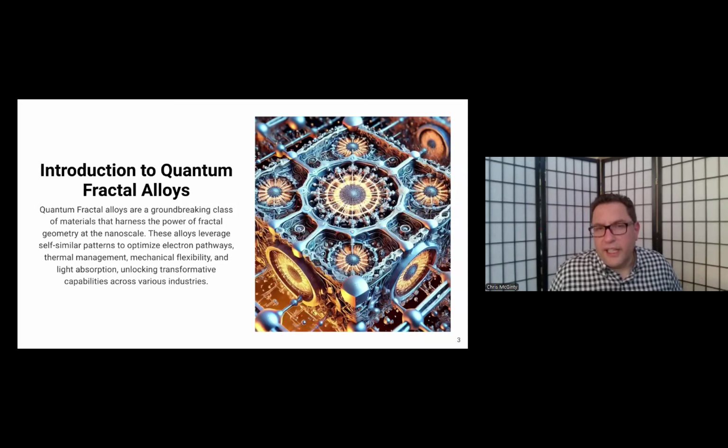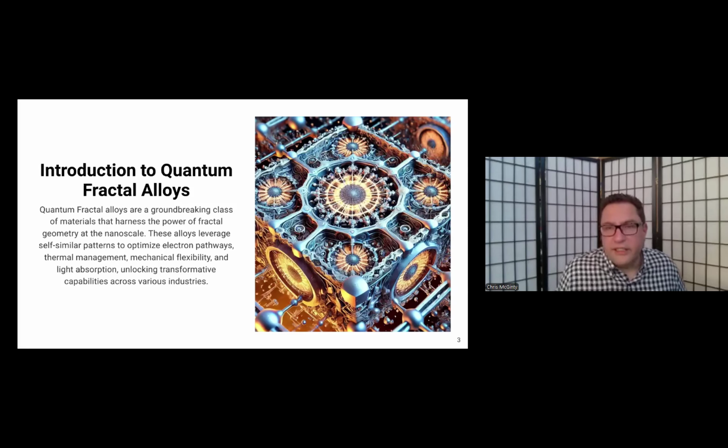I'll explain that a little bit later too, but what that does is enable the qualities of these particular materials to interact. And we also use fractal patterns and fractal designs in order to manipulate the electron flows and the strength and flexibility characteristics of the actual alloy.